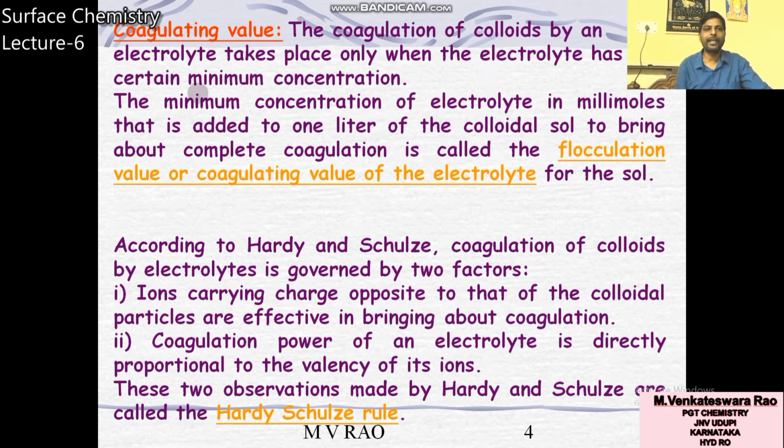So the next topic is coagulating value. The coagulation of colloids by an electrolyte takes place only if the electrolyte has a certain minimum concentration. That means you take one colloidal solution and add some electrolyte. By the addition of this electrolyte, coagulation may or may not take place.